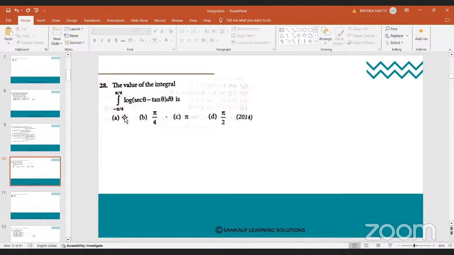I think this question you might have come across in the theory part also. You might have solved this example there. Again, this is based on the properties of definite integrals.